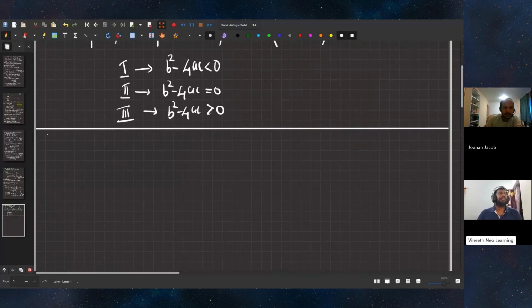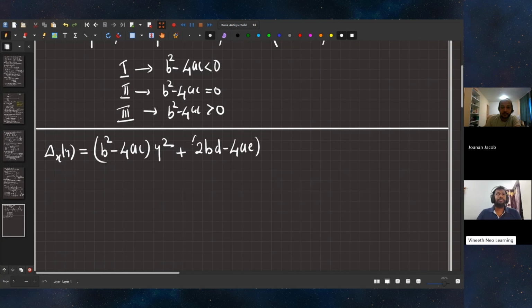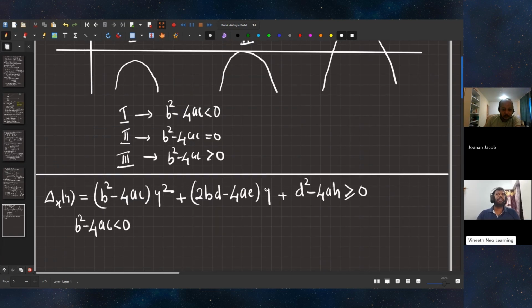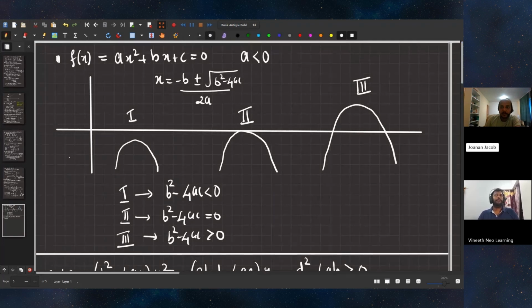Delta x of y, meaning the f of x, looks like b squared minus 4ac times y squared plus 2bd minus 4ae times y plus d squared minus 4ah, which should be greater than or equal to 0. And we have assumed that b square minus 4ac is less than 0. So this condition will happen. These three graphs can happen.